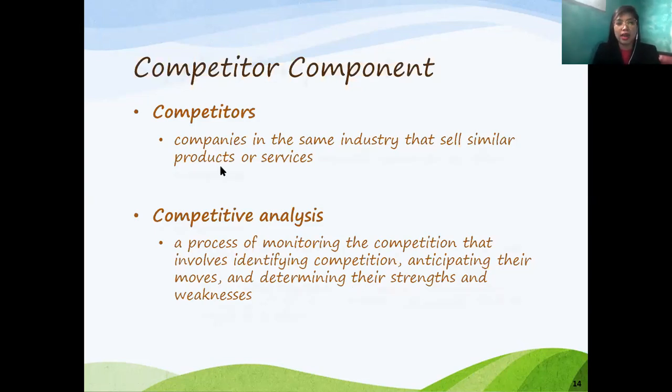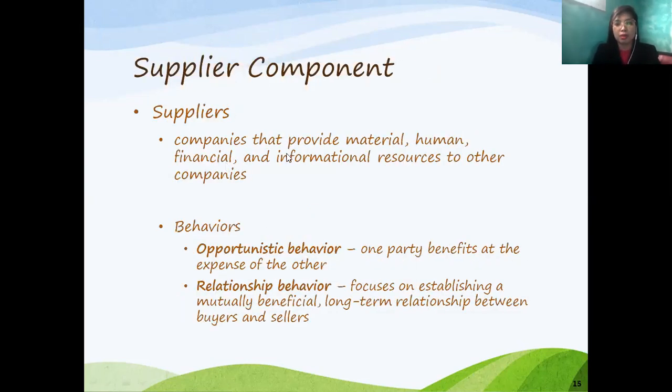The next is the supplier component: companies that provide material, human, financial, and informational resources to other companies. We need to know suppliers who have the following behaviors. First, suppliers with opportunistic behavior, where one party benefits at the expense of the other.